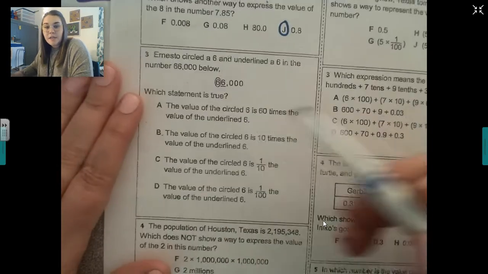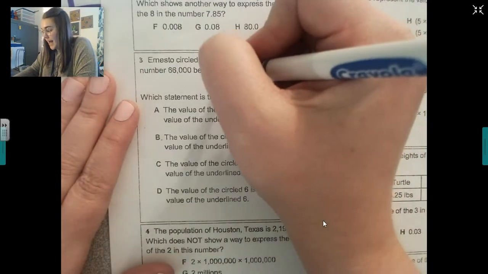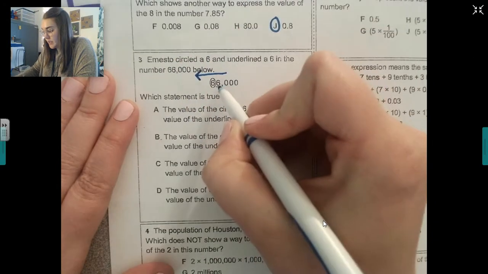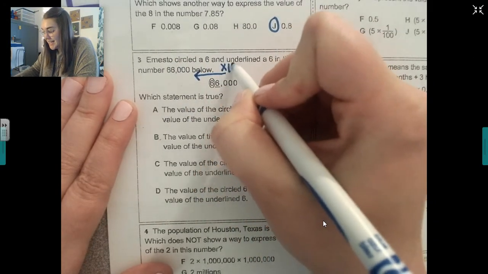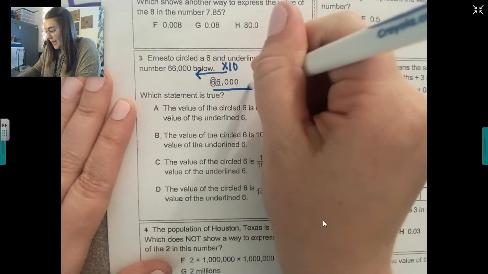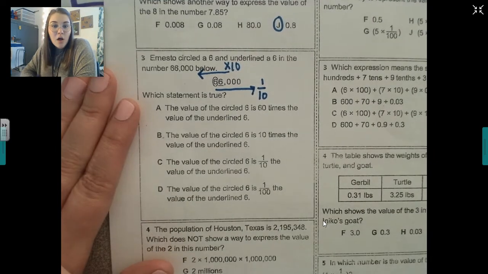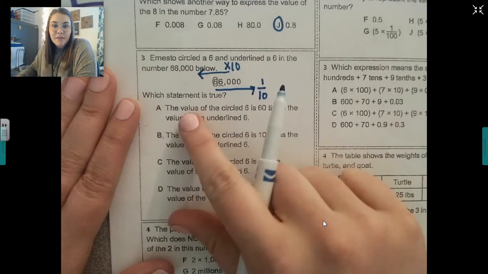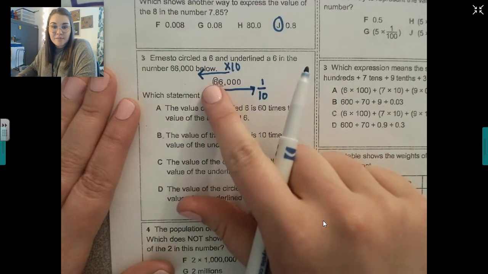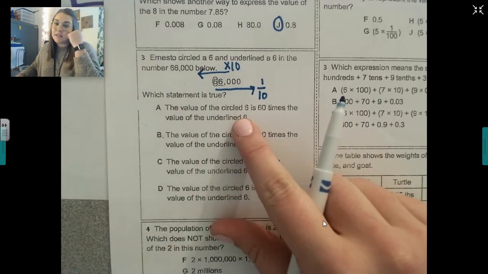Okay, this one was especially difficult. I just want to remind you, when I am going to the left, I am getting 10 times bigger. When I am going back to the right, I am getting 1/10 smaller. So the value of the circled 6 is 60 times the value of the underlined 6.